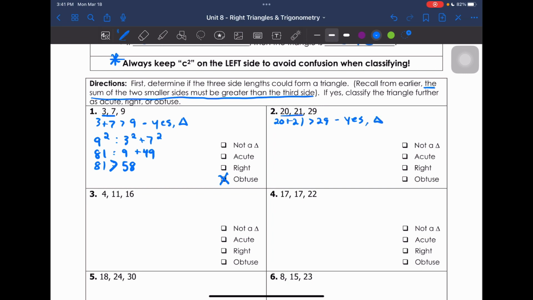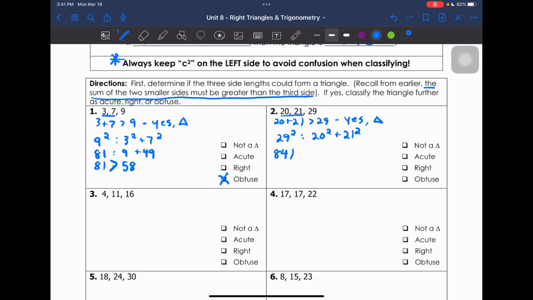And then let's plug it into the formula. So I'm going to say 29 squared and put that on the left because that would be my hypotenuse. And then 20 squared plus 21 squared is going to go on the right. So 29 squared is 841.